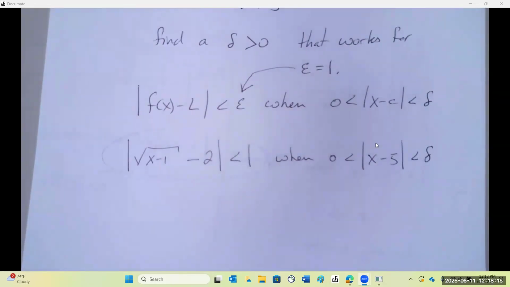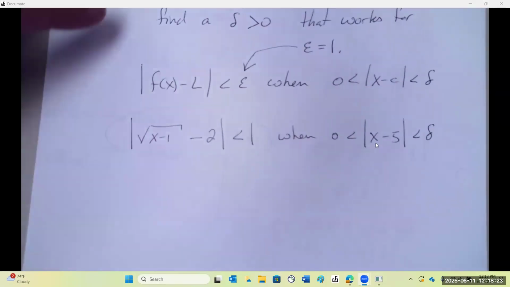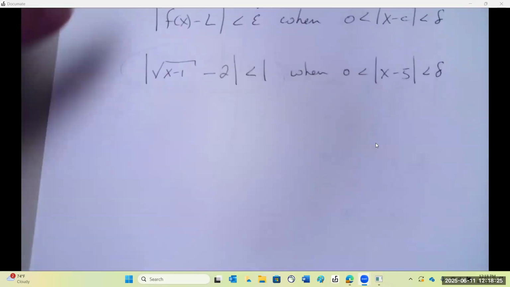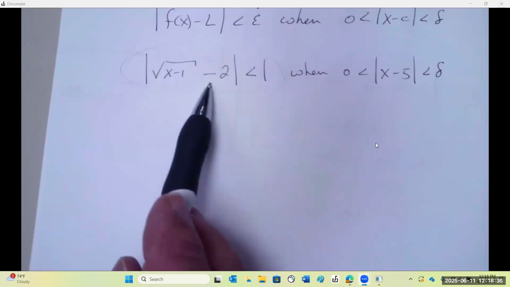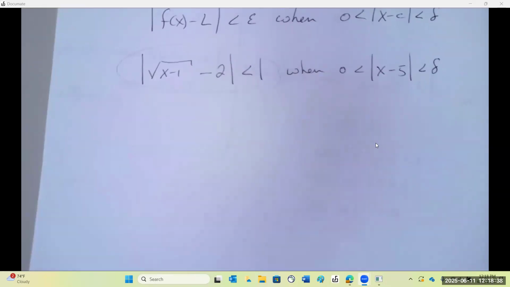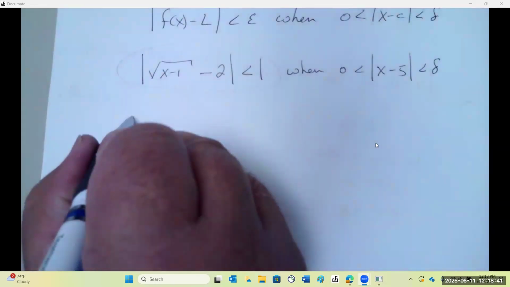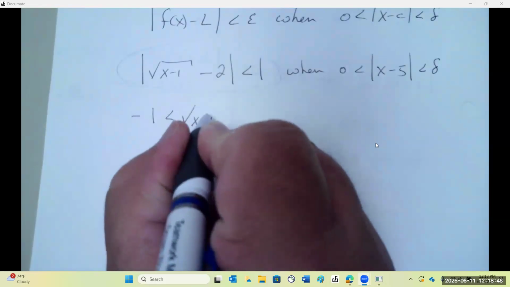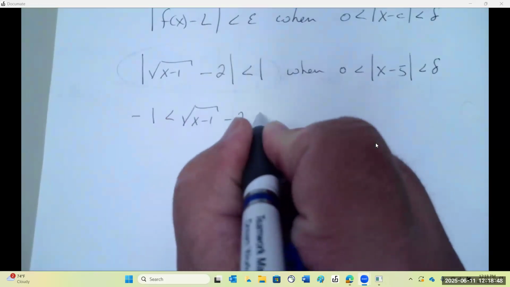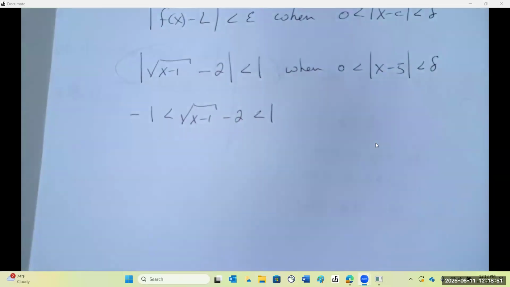We have to simplify the left side. Did everybody get on top? So how do we do that? What's our first step? Can we do anything inside there? No. So we have to get rid of the absolute values. That becomes −1 < the square root of x minus 1, minus 2 < 1. There. That's our first step.